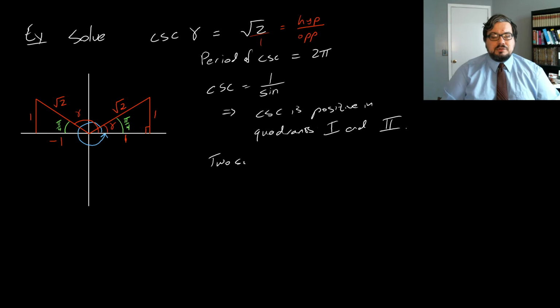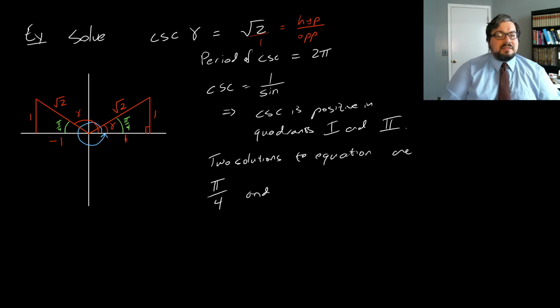So, two solutions to the equation are pi over 4, so that's the first one, the one that sits in the first quadrant, and, well, we've got this other gamma here, and we see that the green reference angle pi over 4 goes from this left gamma down to the angle pi.